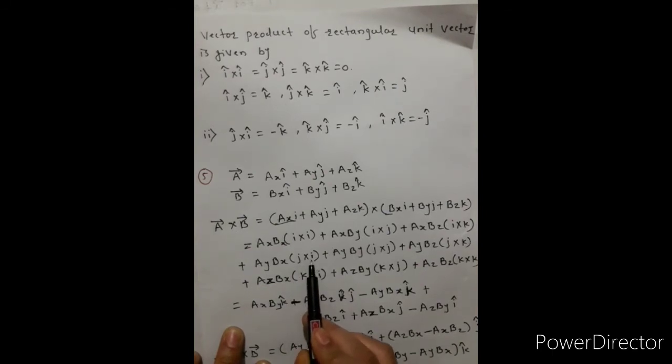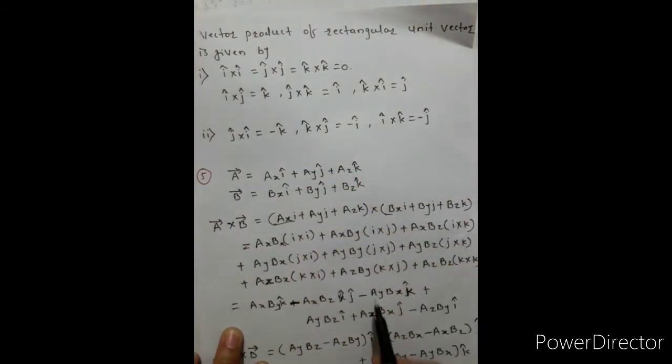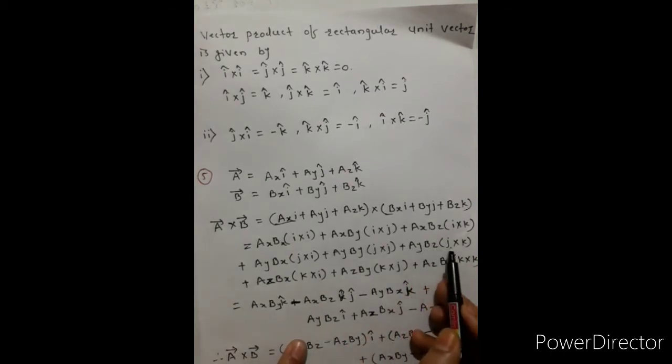Next is ay bx, j cross i is equal to minus k, so here minus ay bx k cap, plus ay bz j cross k.